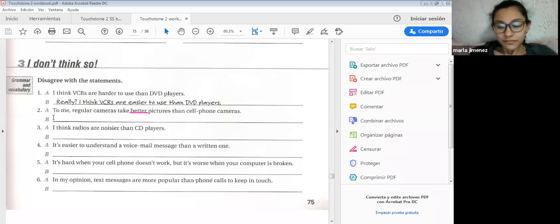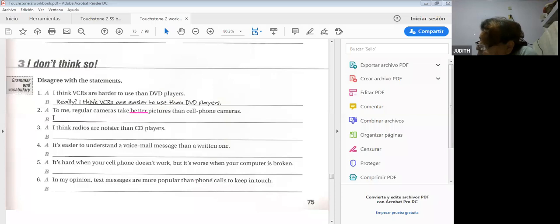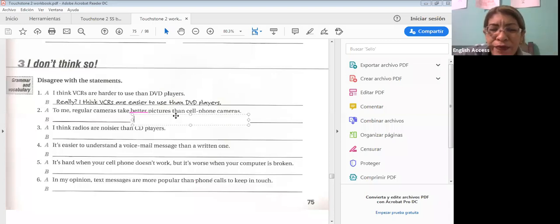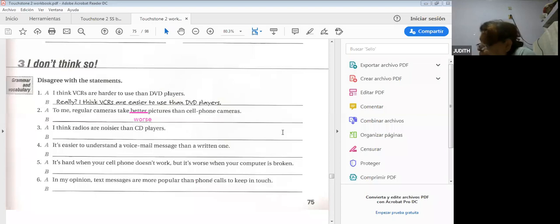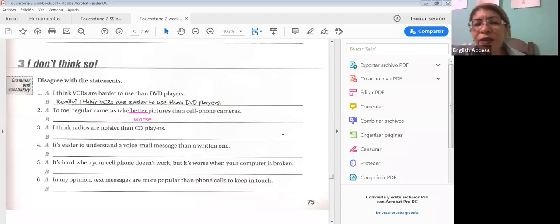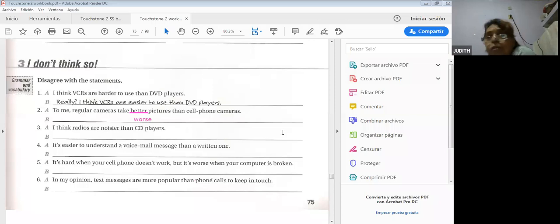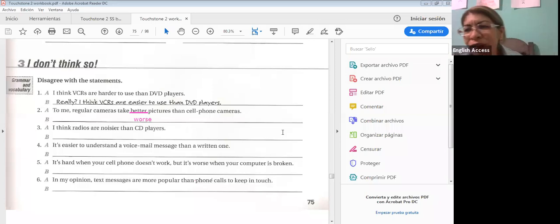To me, regular cameras take worse pictures than cell phone cameras. Yes, we're going to change only the adjective. Remember that we are disagreeing. We're giving a different opinion. So, really or well, regular cameras take worse pictures than cell phone cameras. Yes, worse.